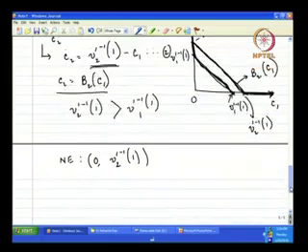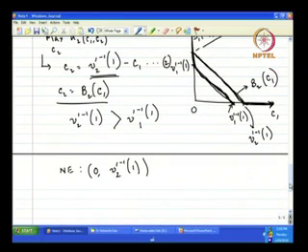This is the only equilibrium that we can get. And what does it mean? That player 1 does not contribute. The C1 is equal to 0 and C2 is equal to V2 dashed inverse of 1.